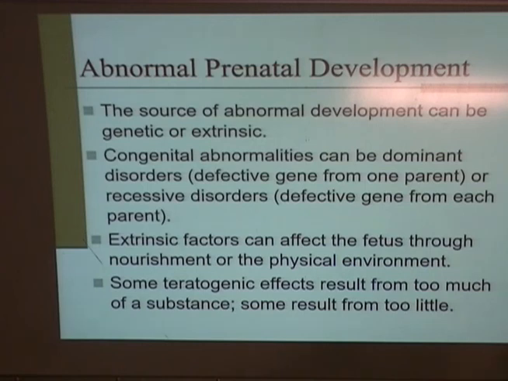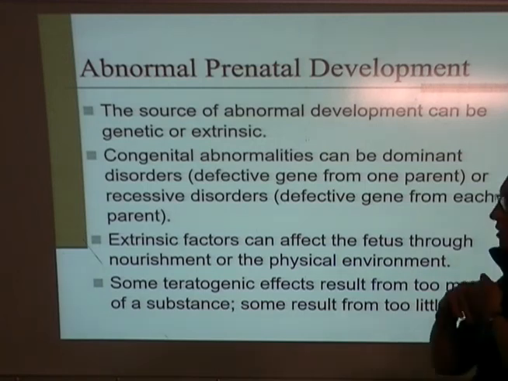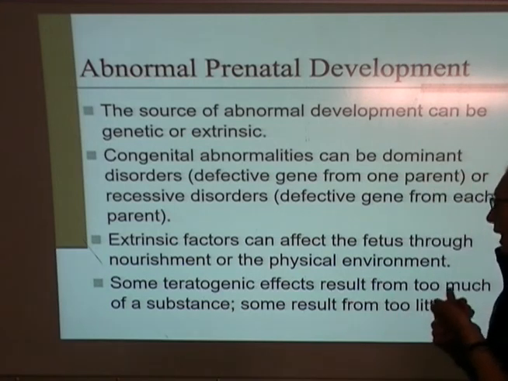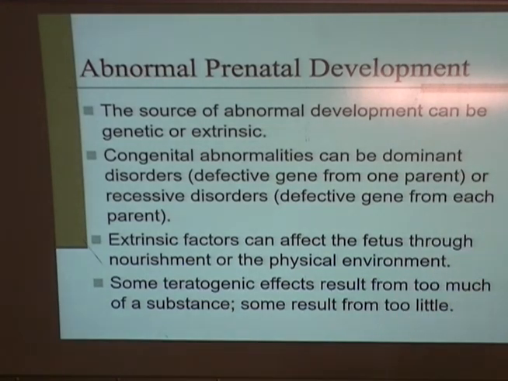Okay? So the effect of the teratogen can be having too much exposure to that substance. Occasionally, it's a result of too little exposure to a particular substance, but more often there's too much exposure to something that isn't healthy.